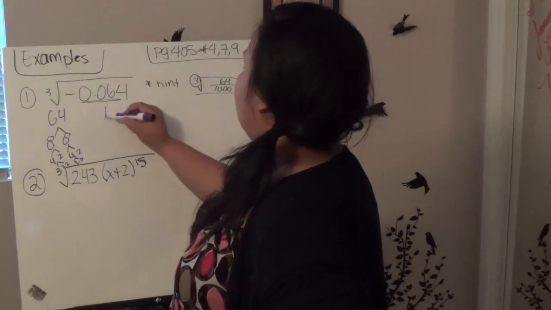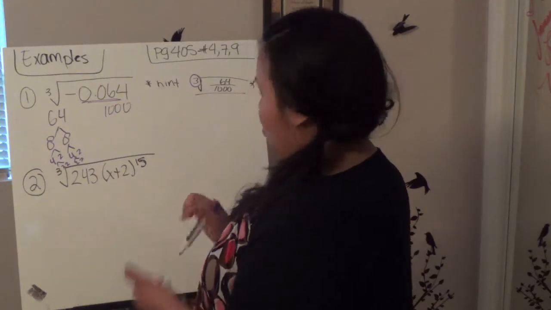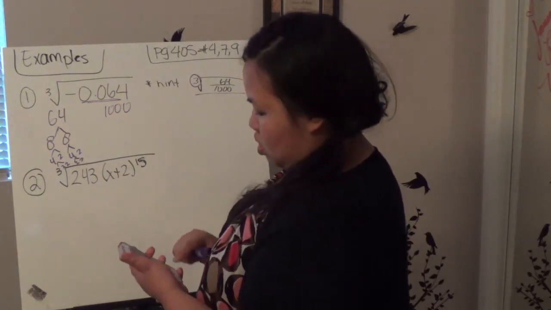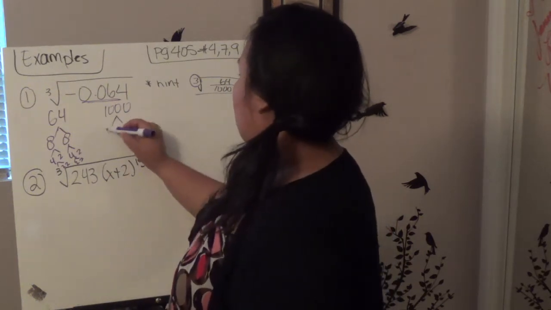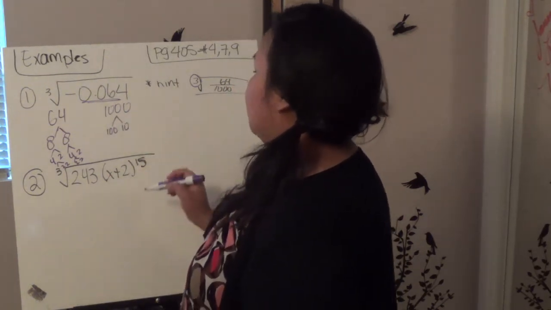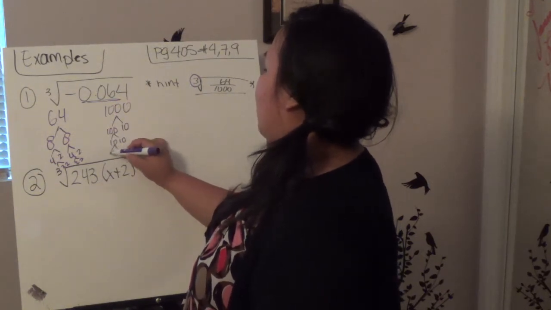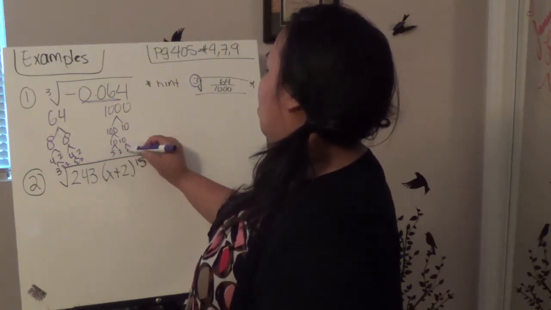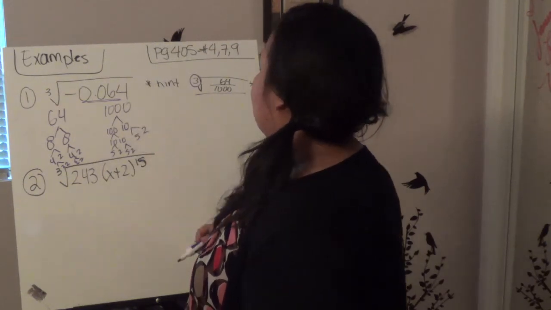And then 1,000 would be the same thing as 100 times 10. This would be 10 times 10, 5 times 2, 5 times 2, 5 times 2, alright?